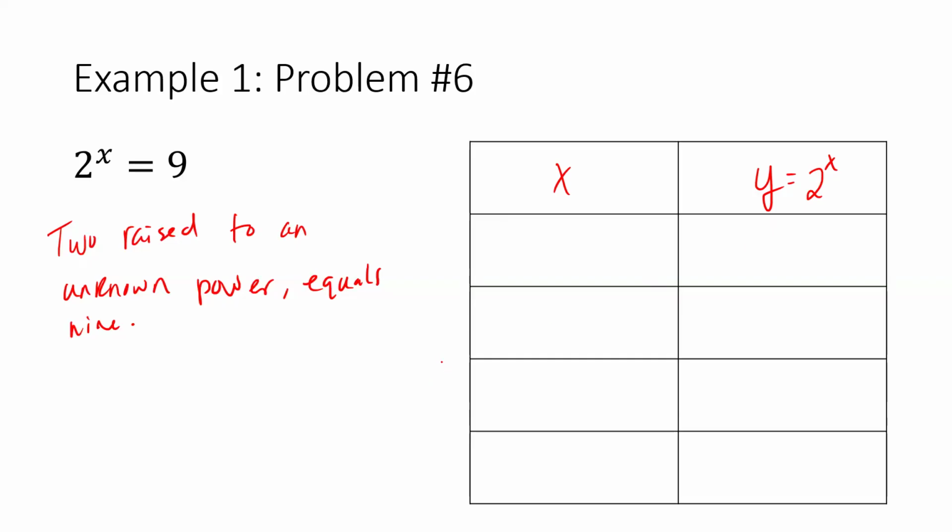So we're going to start with values. If I have x equals 0, that means 2 to the 0. Anyone remember what anything to the 0 power is? 1. Anything to the 0 power is 1. If I let x equal 1, that's 2 to the 1, which is 2.